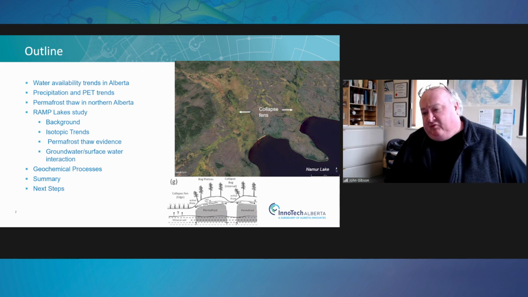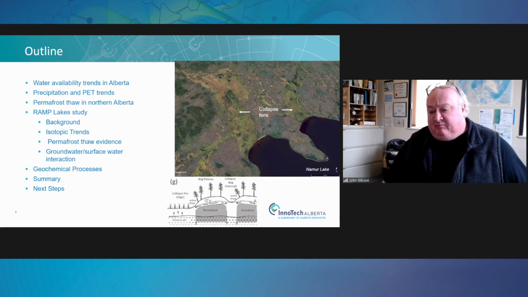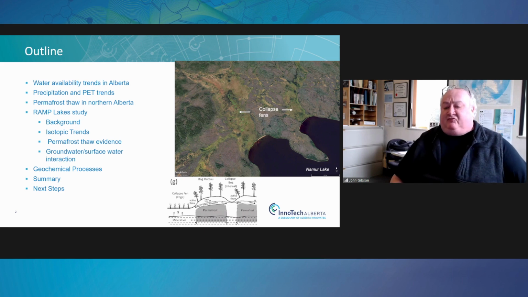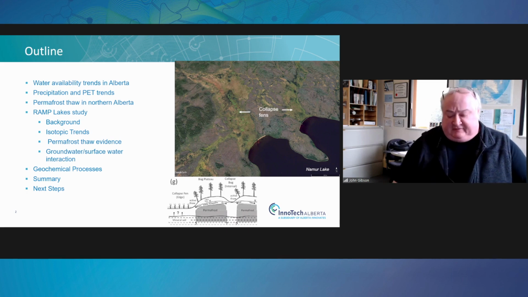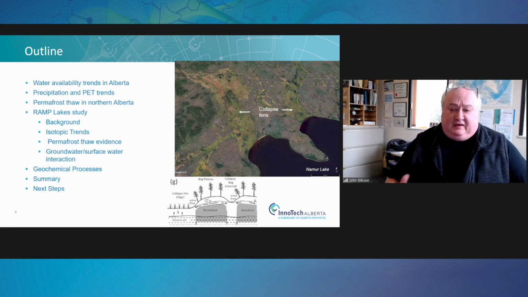And when you get early collapse, you get sort of pock marks or scars that are internal within the bog. But once they coalesce, they form collapse fens, and these can transport material, nutrients, carbon to the lakes, and they change the geochemistry, and they change the water balance.